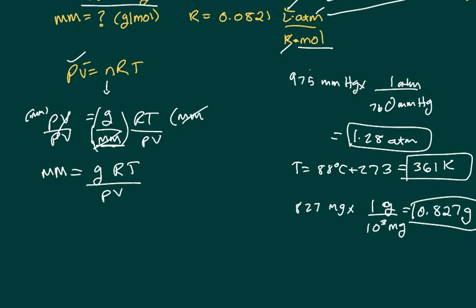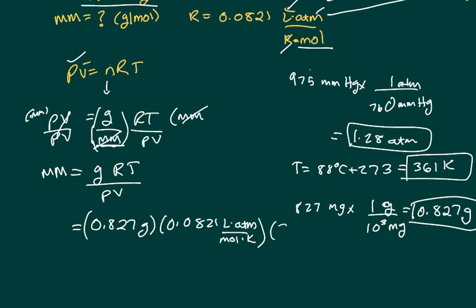Perfect. Now let's plug everything in. Our number of grams is 0.827 grams times R, which is 0.0821 liter ATM per mole K, times temperature, which is 361 Kelvin.